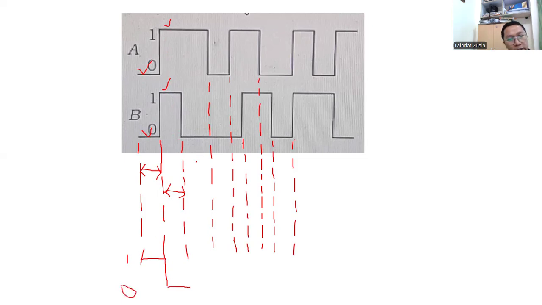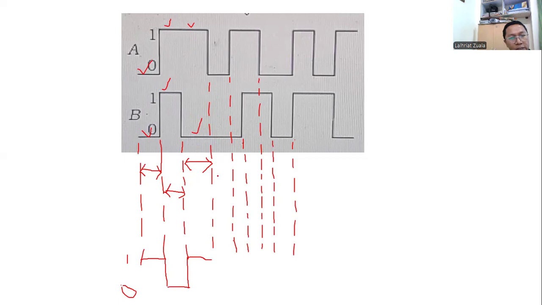Now the next interval is between this and this. Here you see that B is 0, A is 1. So if one of the inputs is 0, the output of the NAND gate is 1. The output of the NAND gate is 1 again.